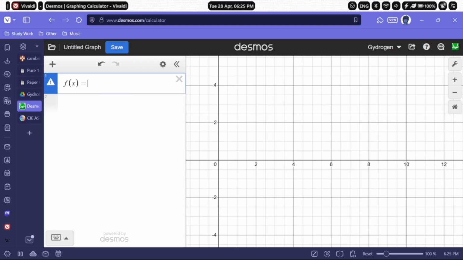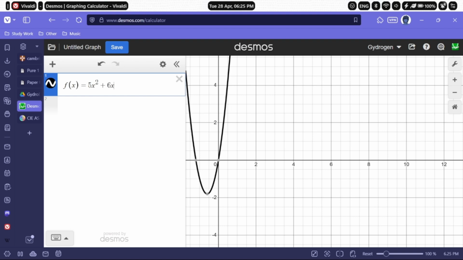What should I come up with? I think I'll just go with a quadratic. So 5x squared, that's pretty easy to understand. That won't take a lot of time either. So 5x squared plus 6x plus 7.